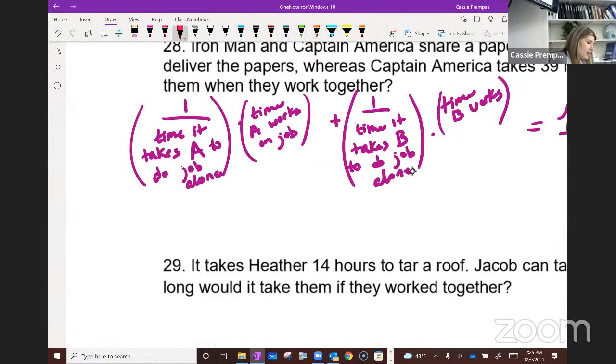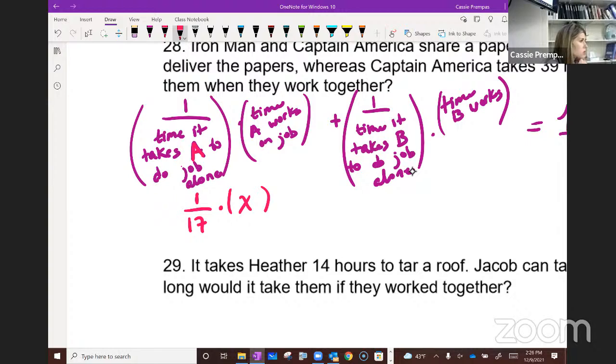So person A is Iron Man. How long does it take Iron Man to do the job by himself? 17 minutes. So his rate is 1/17. Multiplied by how long is Iron Man going to work on the job? X. We don't know. That's what we're trying to figure out.